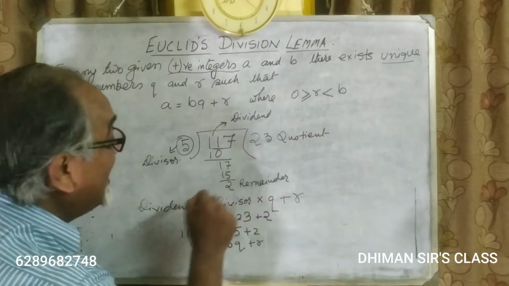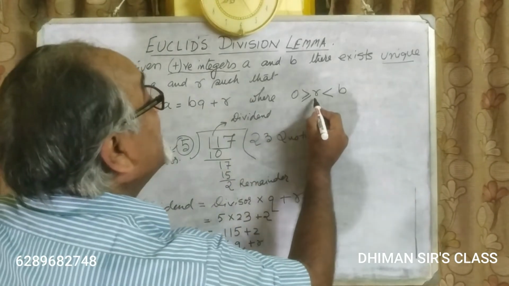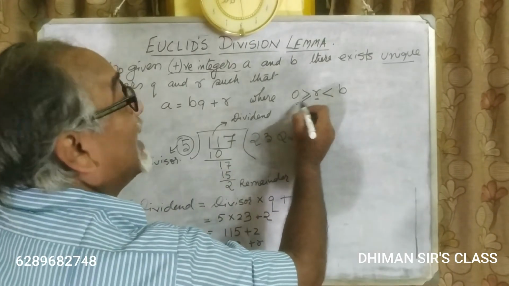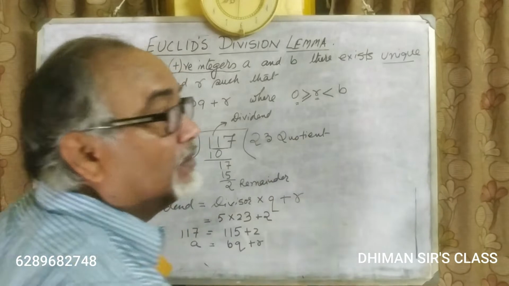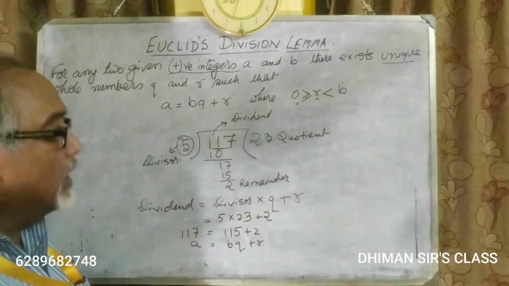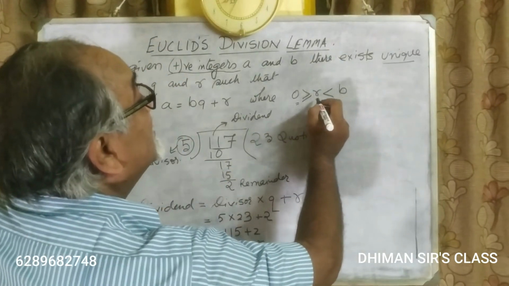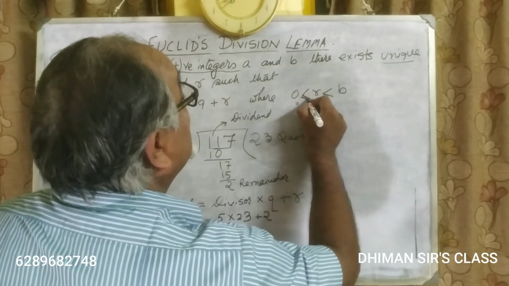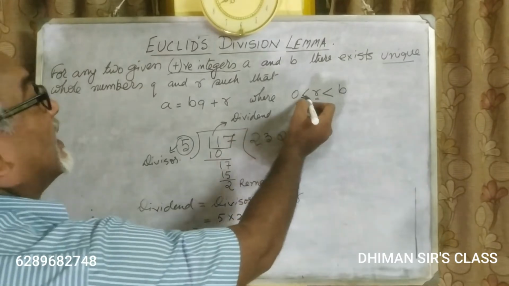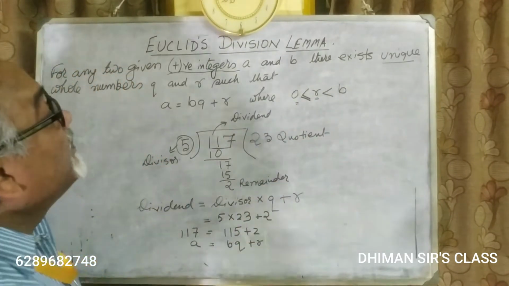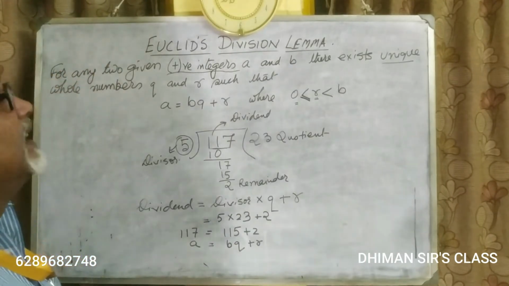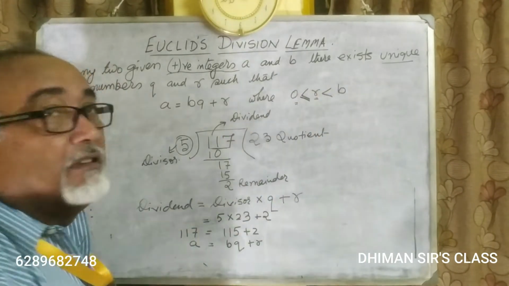Okay, now this remainder therefore can be more than or equal, less than or equal to 0. I'm sorry, remainder should be greater than or equal to 0 and less than divisor. Remainder has to be greater than or equal to 0.